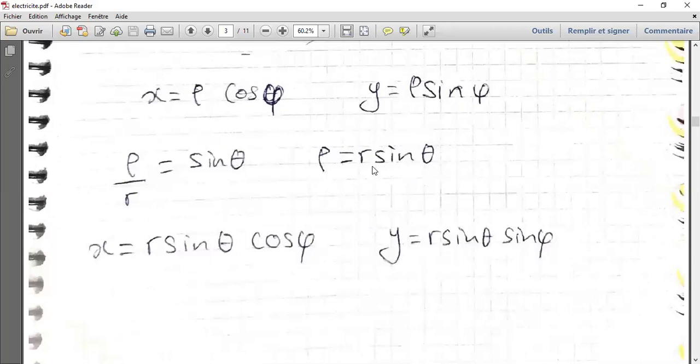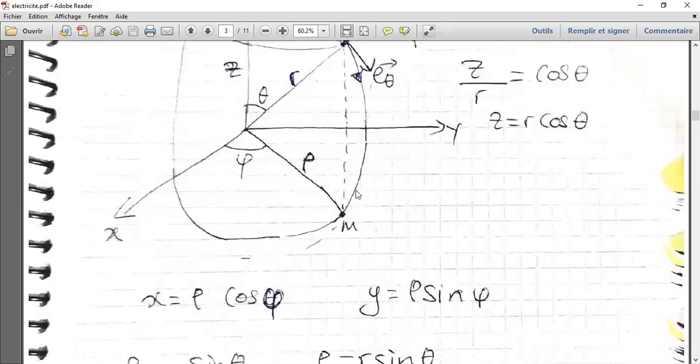And when the point is moving, only the phi changes. So it will be rho times d phi. So the rho is replaced, and you have known how to find it. It will give you r sin theta d phi. So this is where the r sin theta is coming from. Don't know if it's clear.